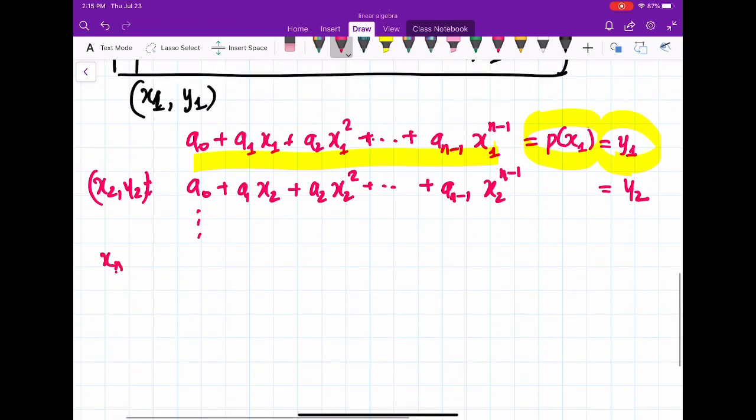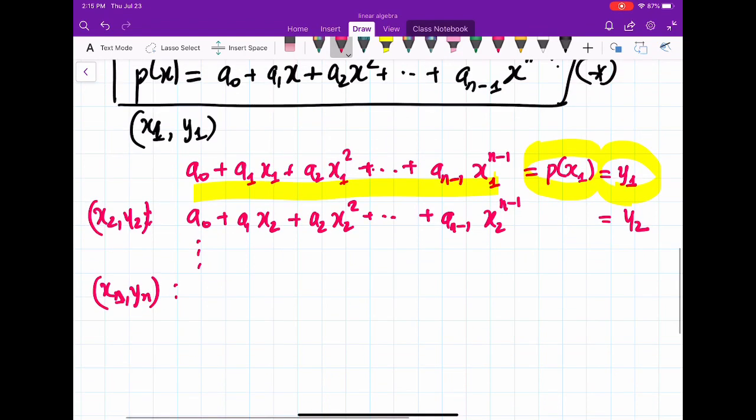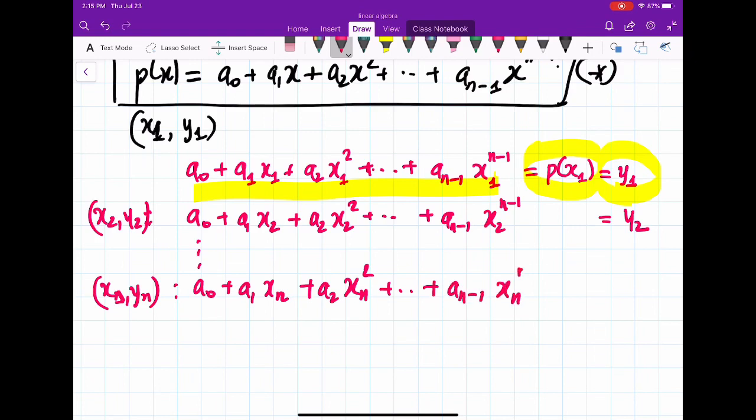When you plug xn, yn into the equation of the polynomial, you get a0 plus a1 xn plus a2 xn squared plus so on plus a(n-1) xn to the n minus 1 in here, equals yn.